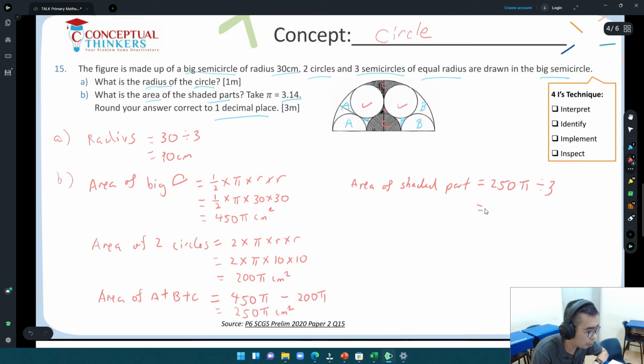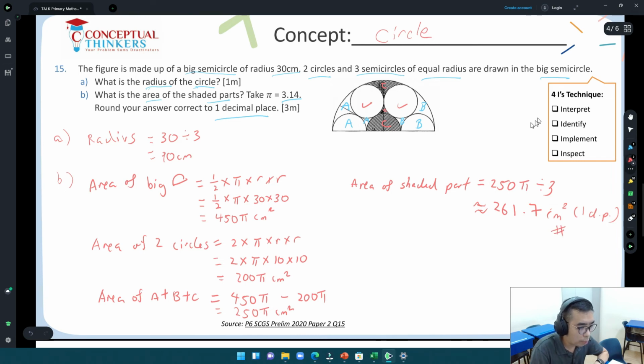So we need to do an estimation. This will give me 261.7 cm square. We need to tell the marker that we have rounded off to 1 decimal place. This will be the final answer.